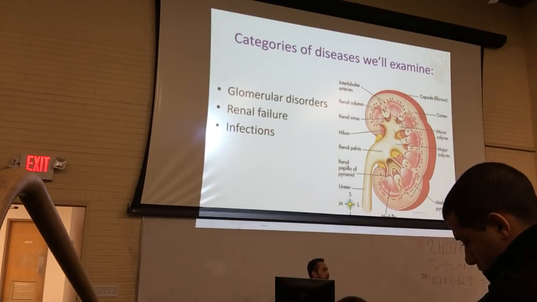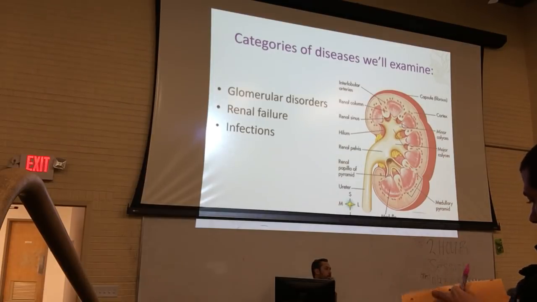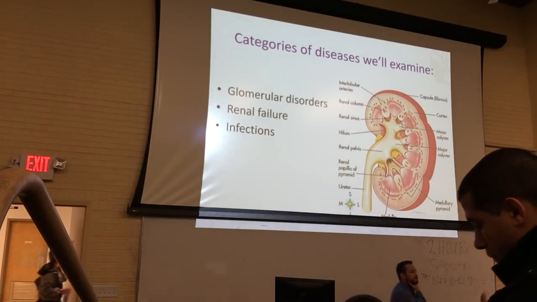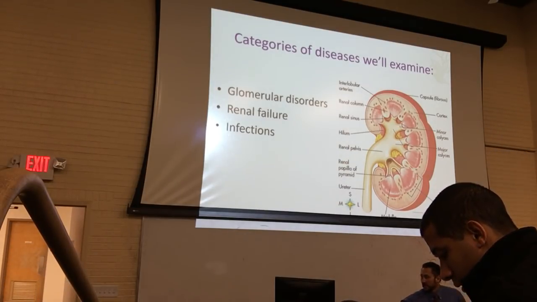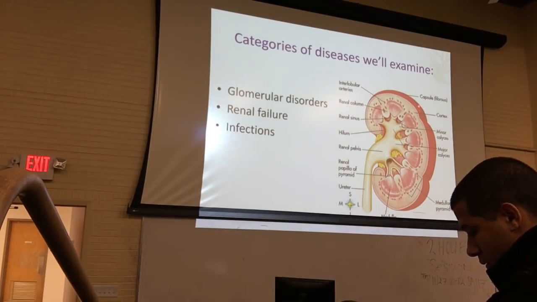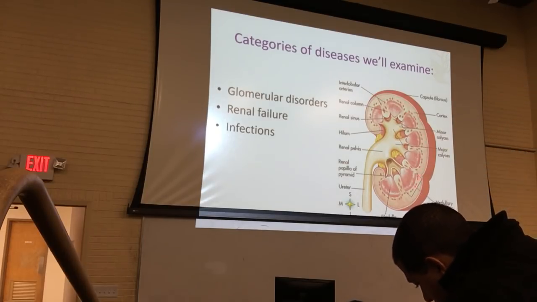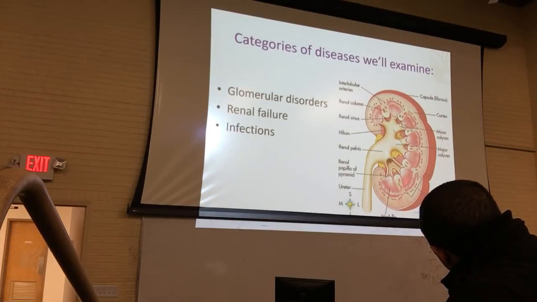forms the renal corpuscle. So I just want to orient you all on where we are in the body. Focus in on this outer capsule, looking at the cortex, which is the outermost region, and then obviously on the inside is the medulla.